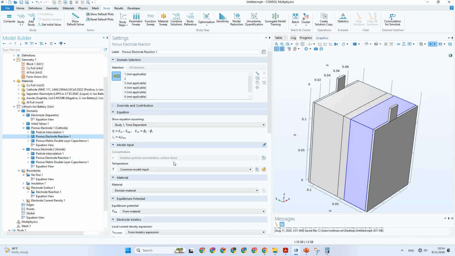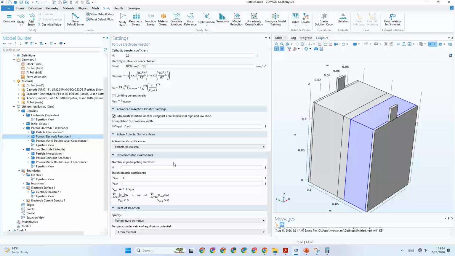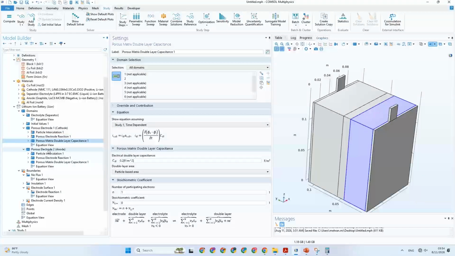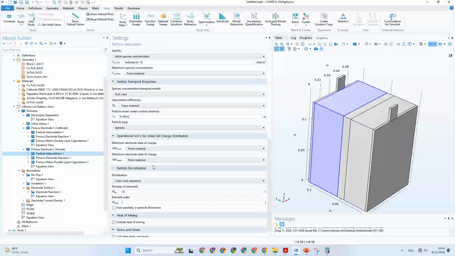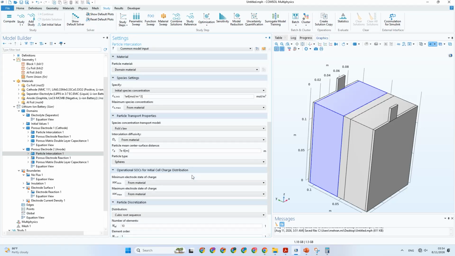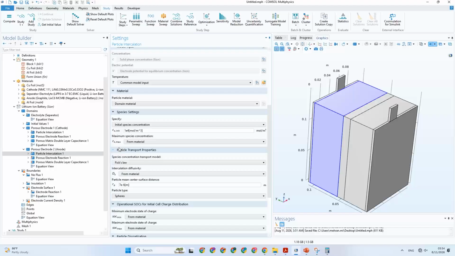Let me check these values. SOC here. Okay.